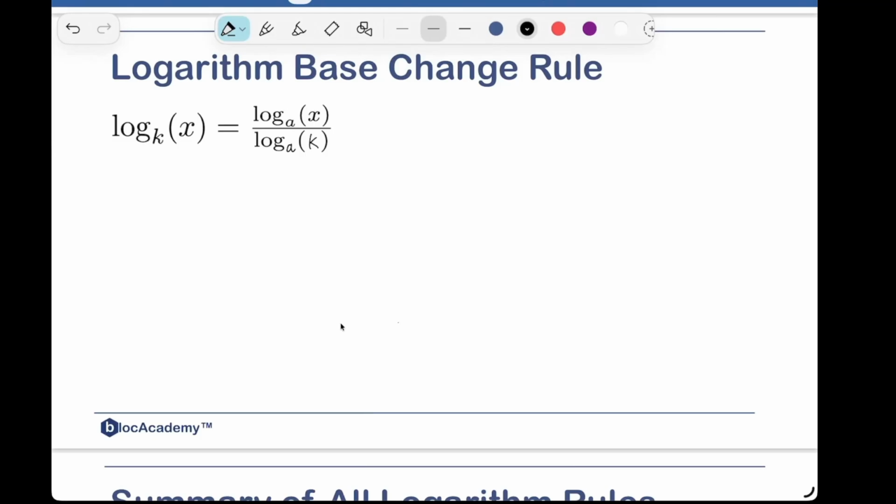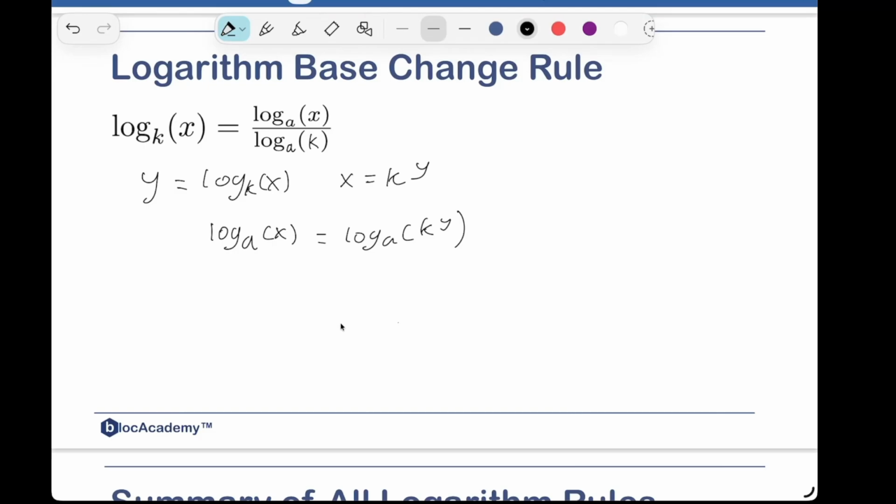Now, here's the logarithm change of base rule. Let's suppose that we have y equals log k of x. Don't worry, this will come in useful later, such that x will be equal to k to the y. Now, let's say we take both sides with an arbitrary logarithm with an arbitrary base. Let's say log a of x equals log a of k to the y.